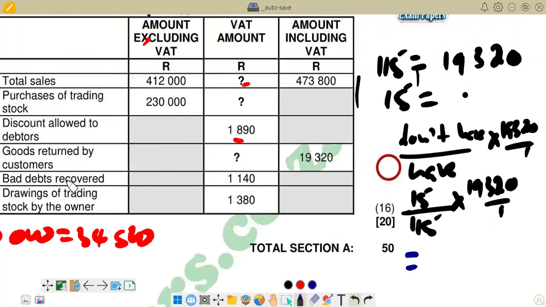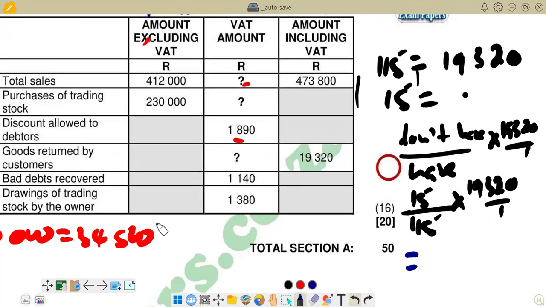After bad debts recovered, lastly, we've got drawings of trading stock by the owner. Like we said, just check the movement of the goods or money. On drawings, the owner is taking goods for personal use. It means the goods are going out of the business, in the same direction as sales.